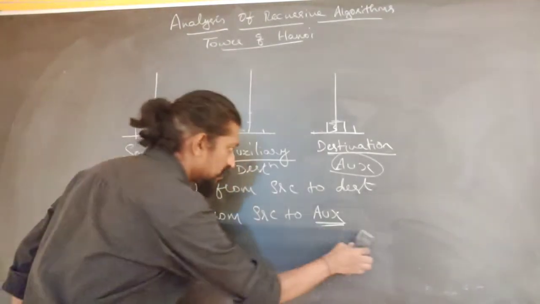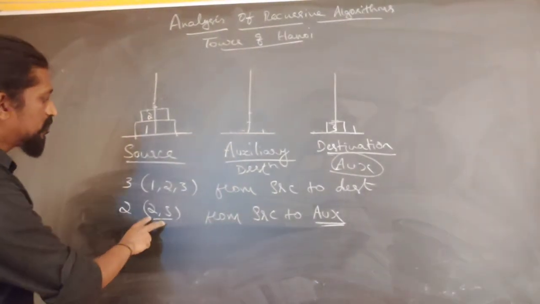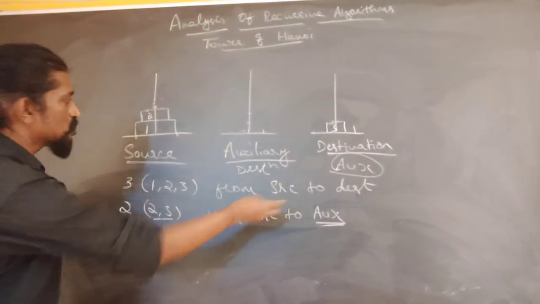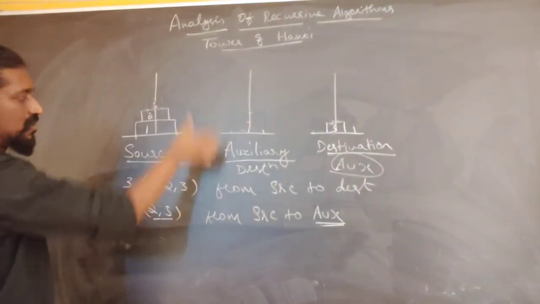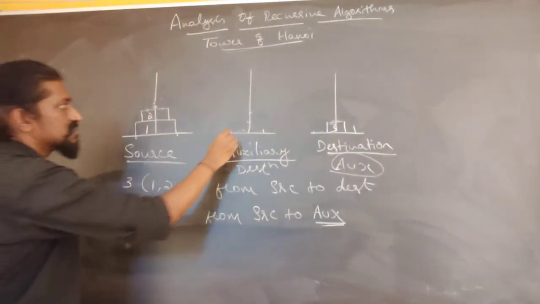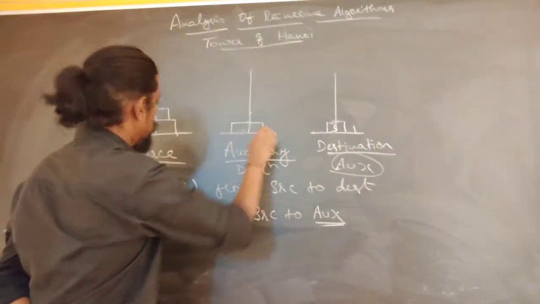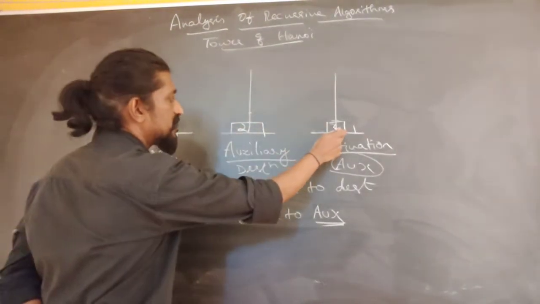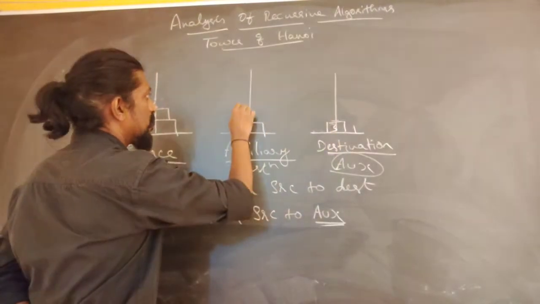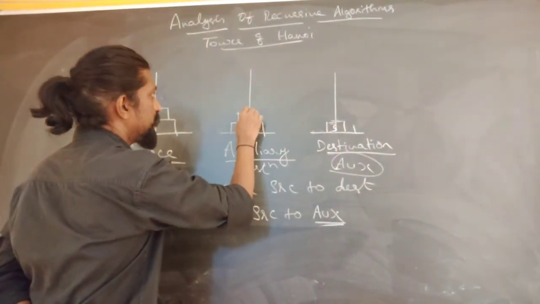This is done. Then it comes back to this point to move discs 2 and 3 from source to destination. Once again recursively it will be called to move disc 2, and there is only one disc, and that disc will be moved to the auxiliary, and then the disc 3, which is at the destination, will come back to the auxiliary.